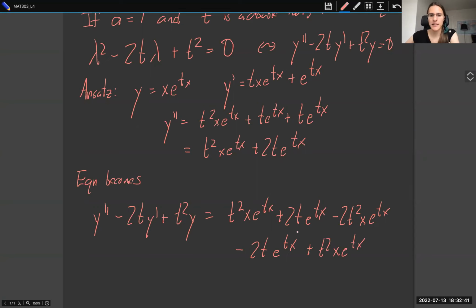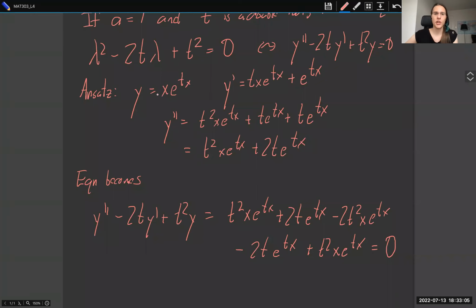If we look at this, we have minus 2t e to the t x and plus 2t e to the t x, so these two terms cancel out. And here we have minus 2t squared x e to the t x, and then we have two copies of t squared x e to the t x, so that's in fact 0. So it is in fact a solution.